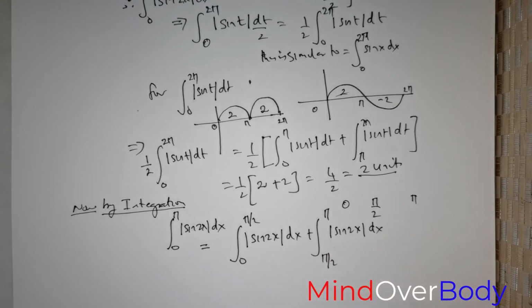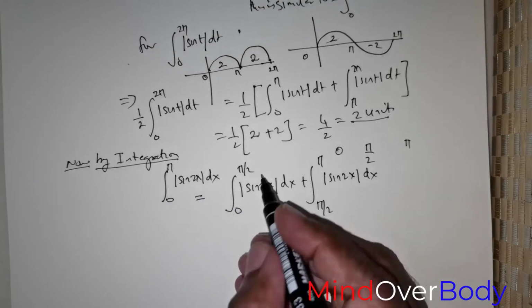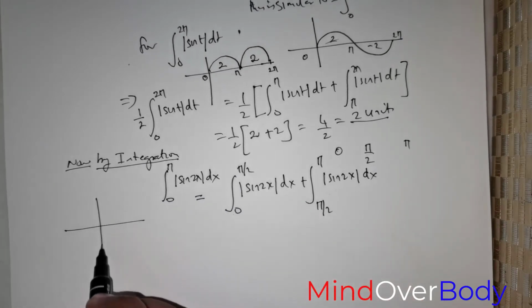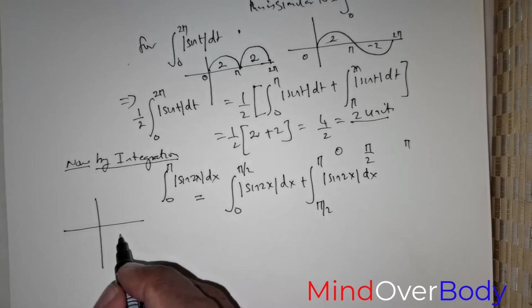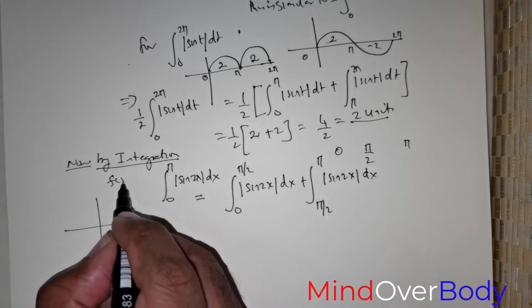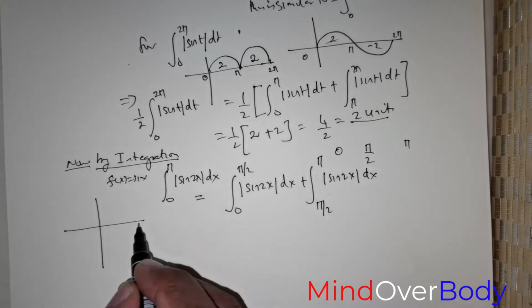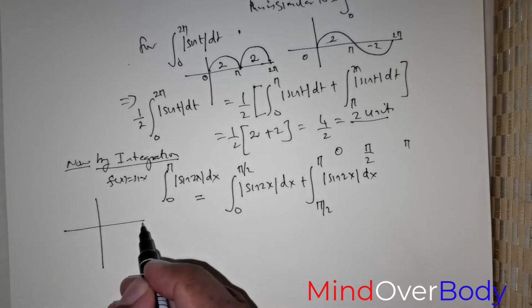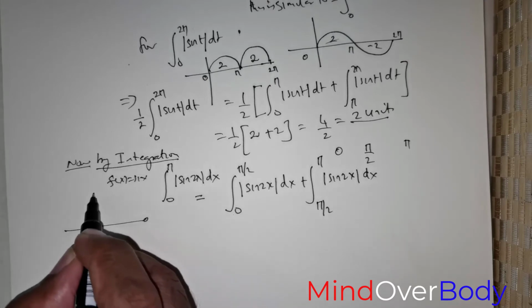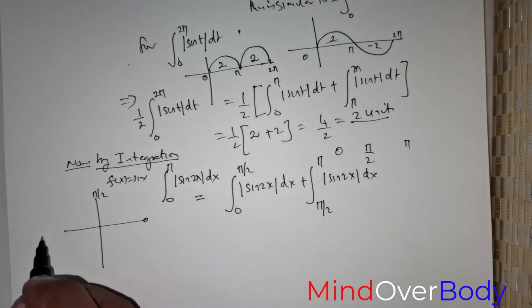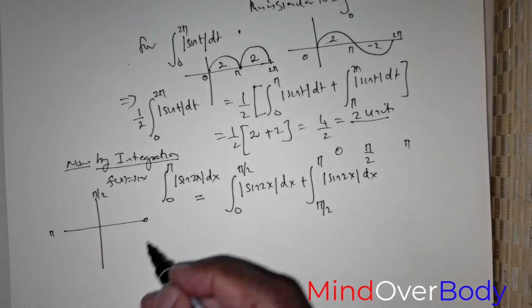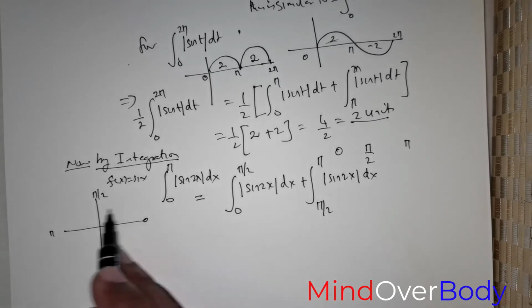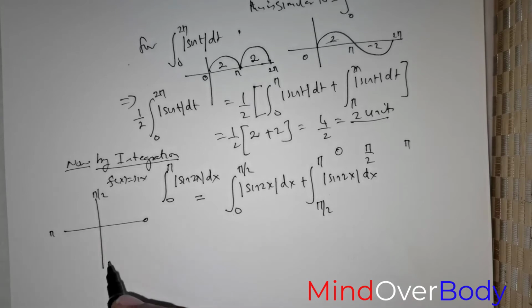Now we would have to obtain the sign for the modulus. Now let us see the sin x function. Say f of x is equal to sin x. We have 0 here, it reaches pi over 2 and then pi and so on and so forth. So I'm just considering the first half of the quadrant.